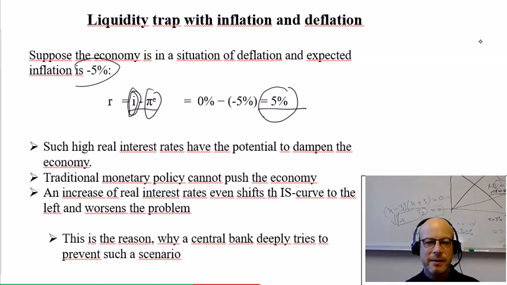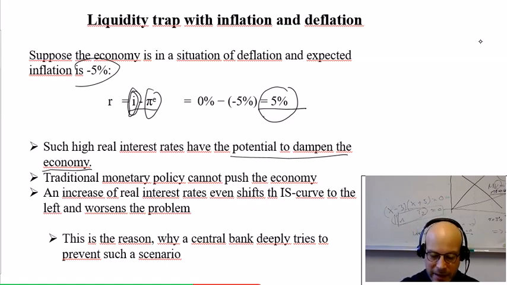And for this, the institution of the central bank had really a large problem because we are already in a situation where the economy is dampened. And this then really means in such a situation we really cannot push our economy in a traditional way.